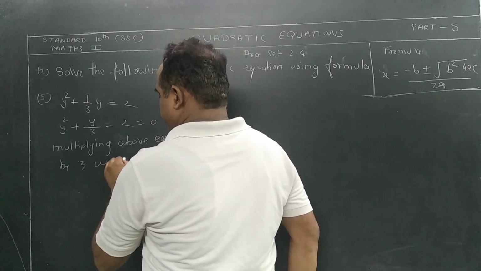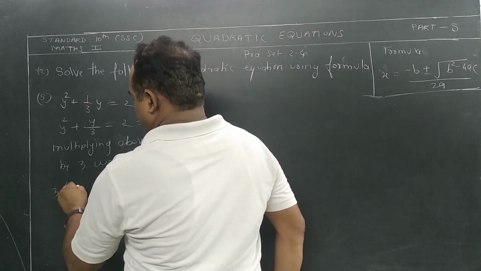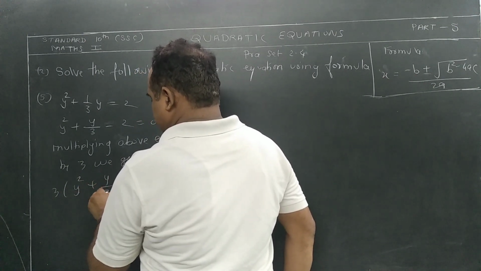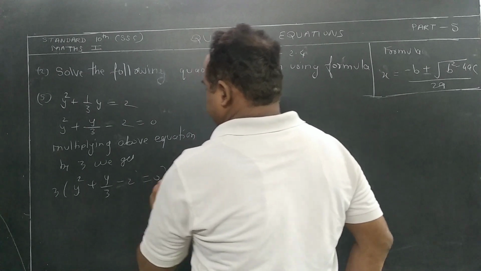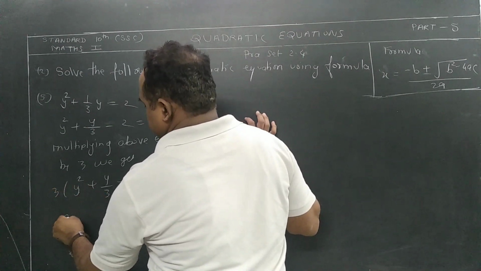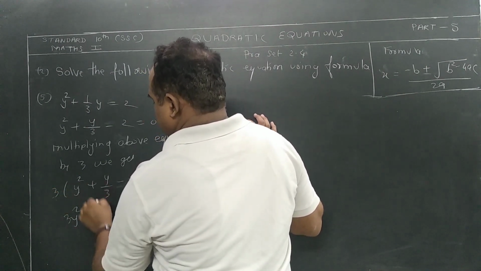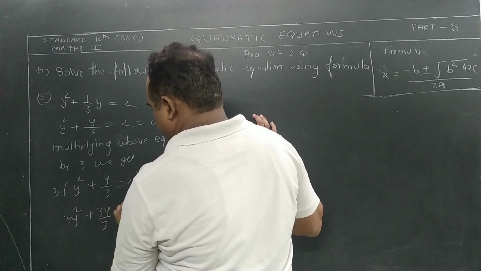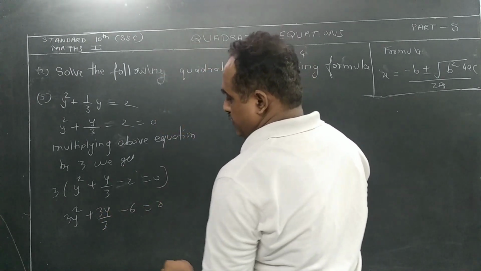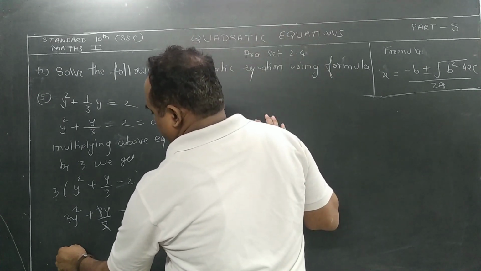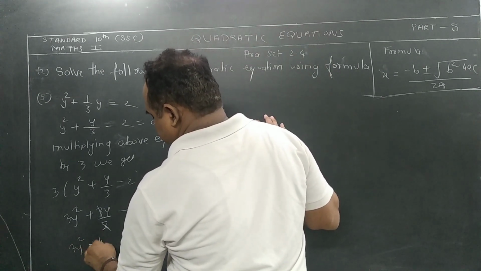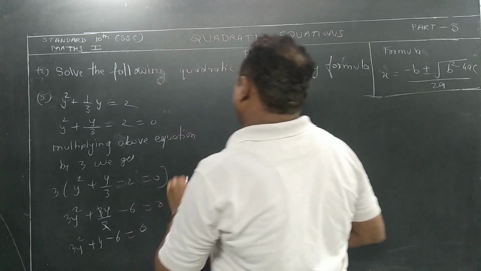So 3 in bracket y square plus y upon 3 minus 2 is equal to 0. So 3 into y square is 3y square, then 3y upon 3, minus 6 is equal to 0. So the 3 gets cancelled. So what do you have now? 3y square plus y minus 6 is equal to 0.